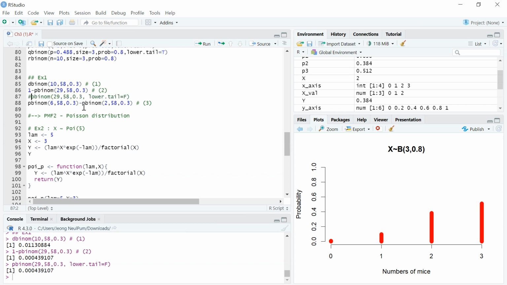But actually, this can be somewhat confusing, so I recommend you use this formula because the default setting for the lower tail option is true, which is the same as the CDF value. So after we get the p-binom result with the default option, we just deduct the result from 1 to get the right answer.